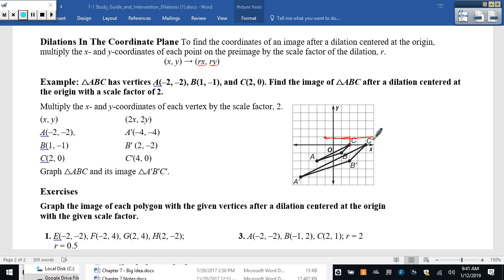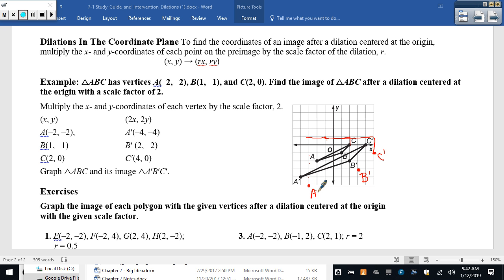So this would be over 6 and down 2. This is where the new point C prime would lie. Okay. If this is over 2 and down 2, scale factor 2, so I'm going to double it, over 4 and down 4. So that's where B prime would lie. Okay. If this is left 1, down 3, I'm going to go left 2 and down 6. 1, 2, 3, 4, 5, 6.